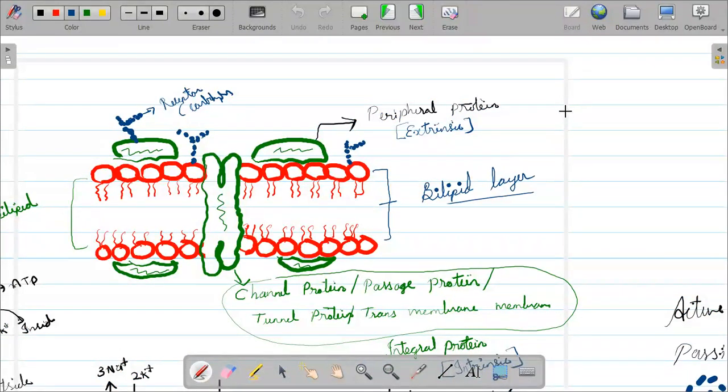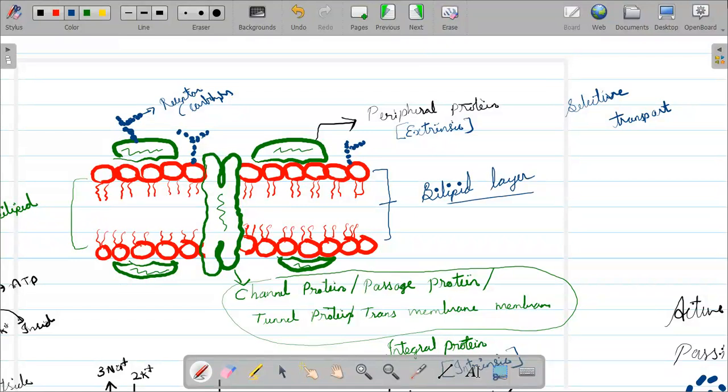I'll use a term called selective transport. Not all molecules can pass through. Only selected molecules can pass through, based on the need of the cell and what type of cell it is. It's like when I'm coming to your home, only selected people can be allowed to enter.